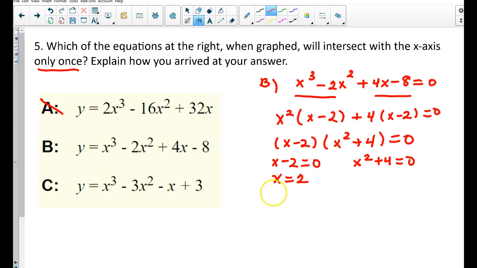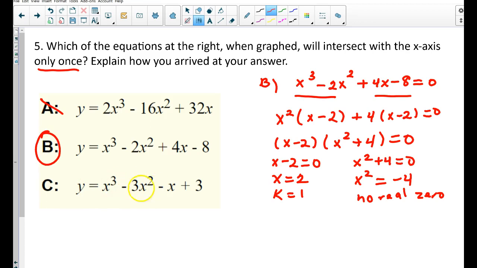So one 0 is 2, and its multiplicity is 1. And for the other, x squared can't equal negative 4 under the real number system, so there's no real 0 here. So that means I have only 1 0, so that's the answer, choice B.